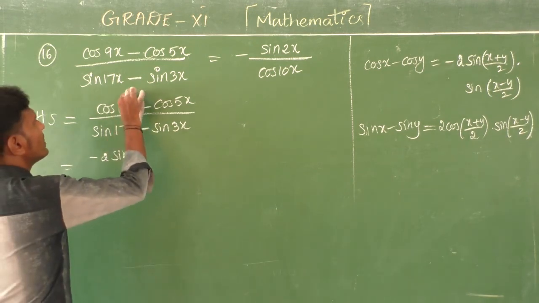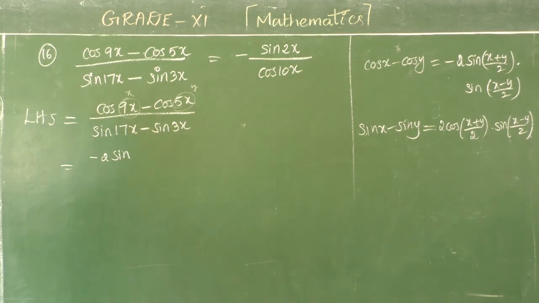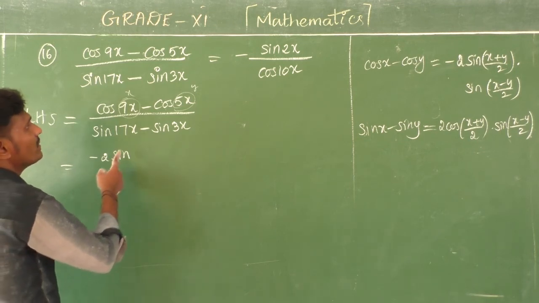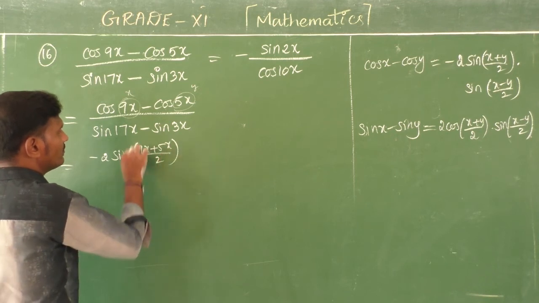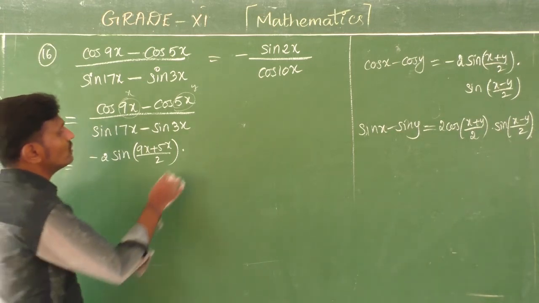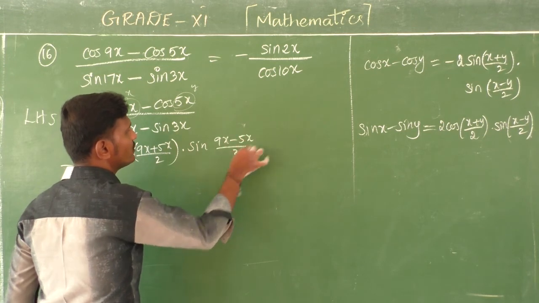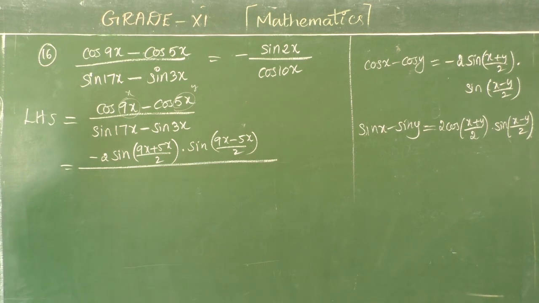This is for the numerator: minus 2 sin (9x plus 5x) by 2 into sin (9x minus 5x) by 2.